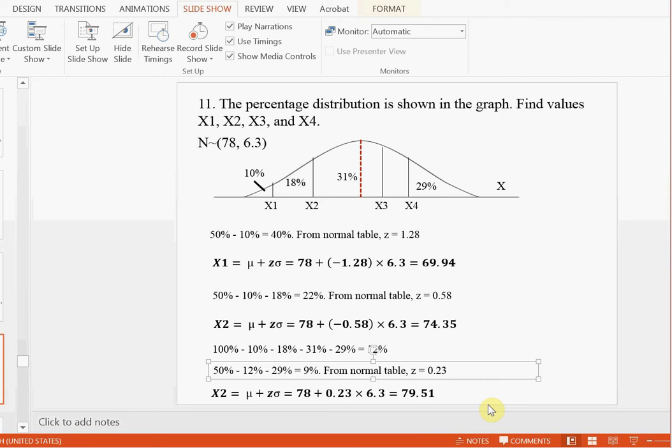Why is it positive here? Because x3 now is above the mean. So we bring 0.23 into the formula as a positive value. Now 0.23 times 6.3 plus 78, and this gave us a value of x3 of 79.45.